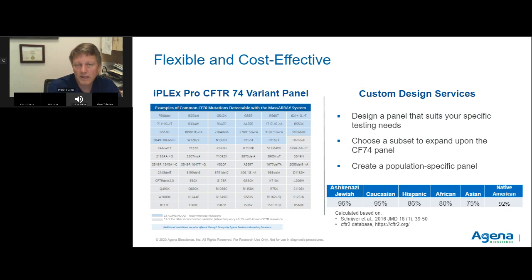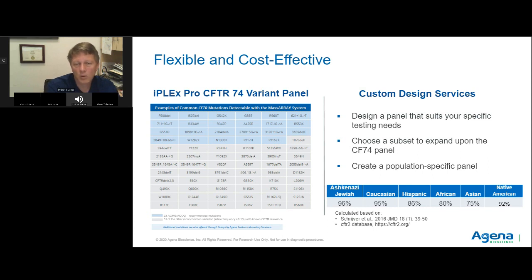So what people can do really is we also have a custom design service here at Agena Bioscience called Assays by Agena, where they can design custom panels for you that really fit your needs. So if you have, as I said, a different ethnicity buildup in your area, we can create a different panel with you.